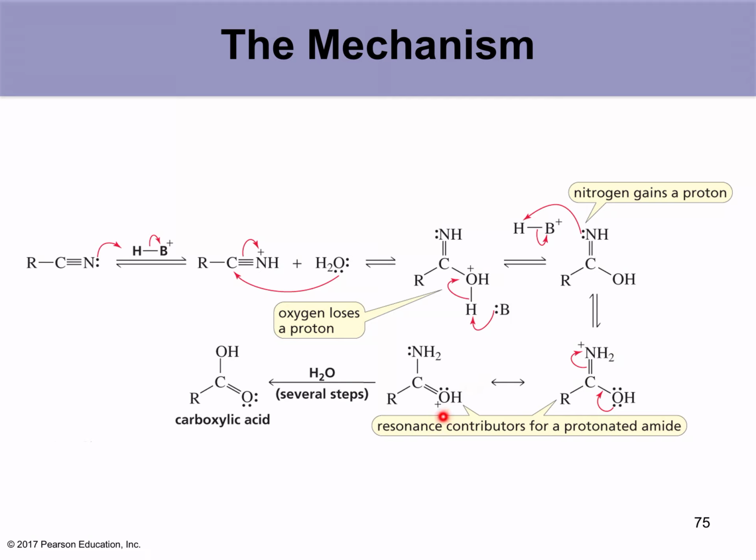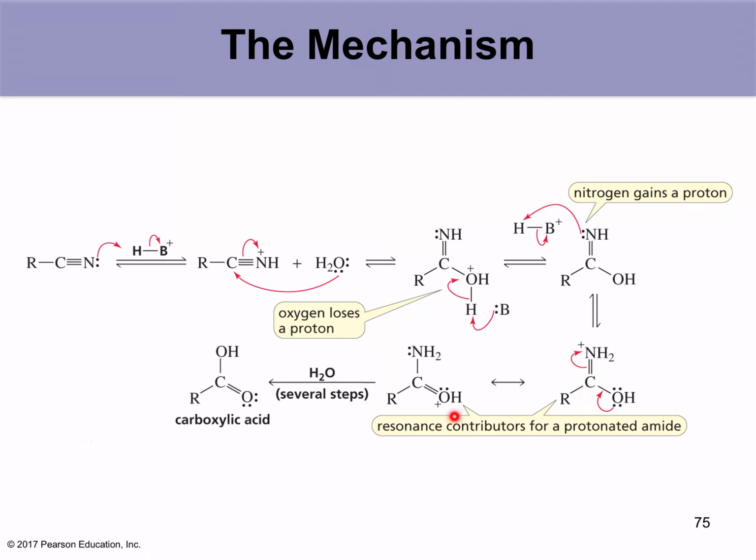So this one, and then you add water again to this molecule one more time, just like earlier. A water molecule adds on to the carbon, and similarly another water molecule can add on to this carbon.